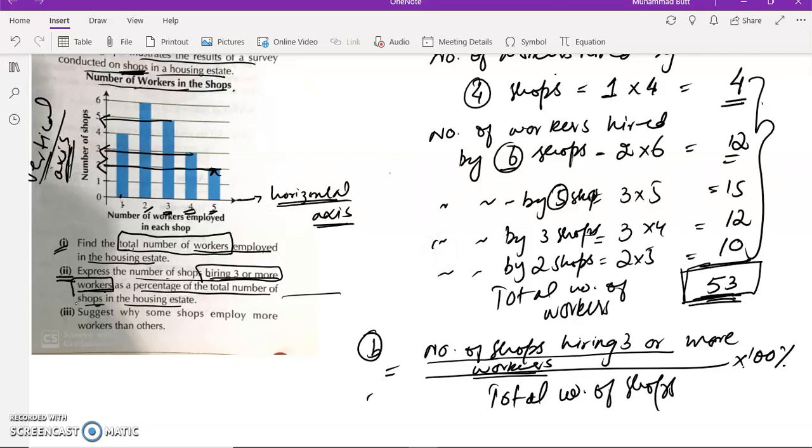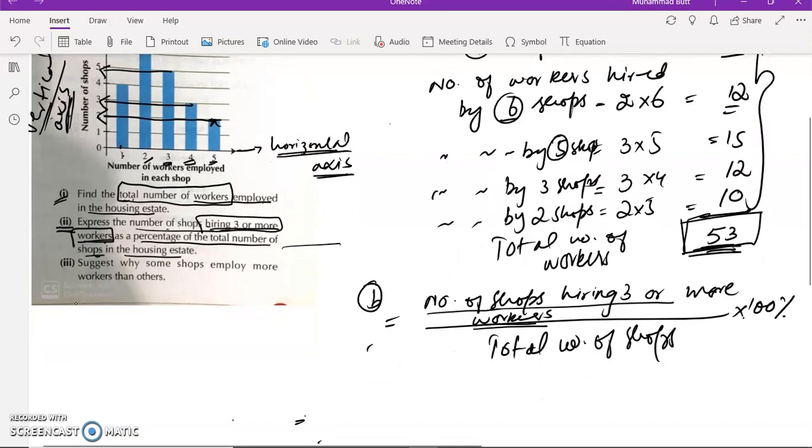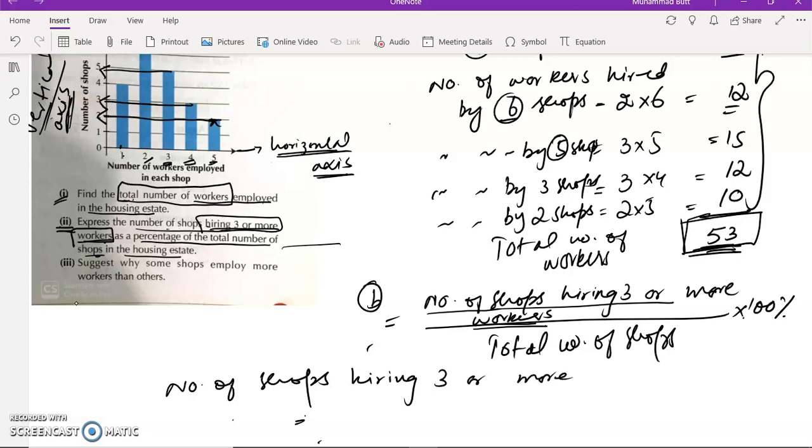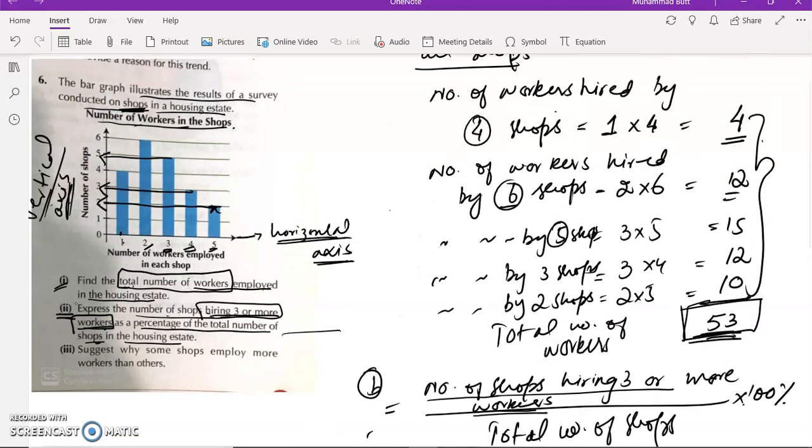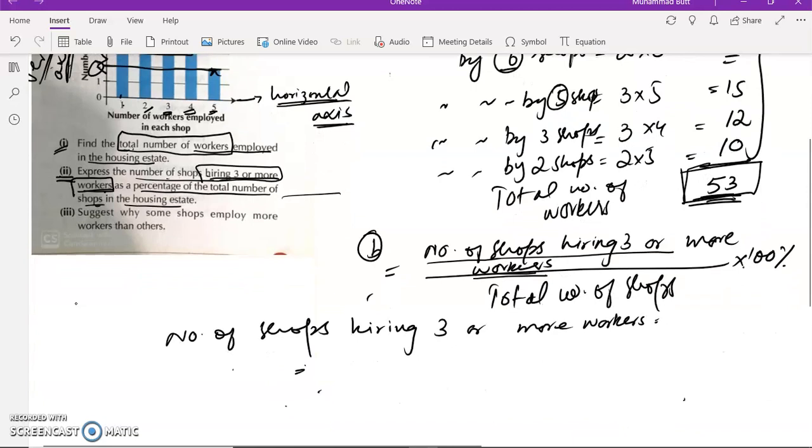It means that in total, the number of shops hiring 3 or more workers is 5 plus 3 plus 2, it is 10.